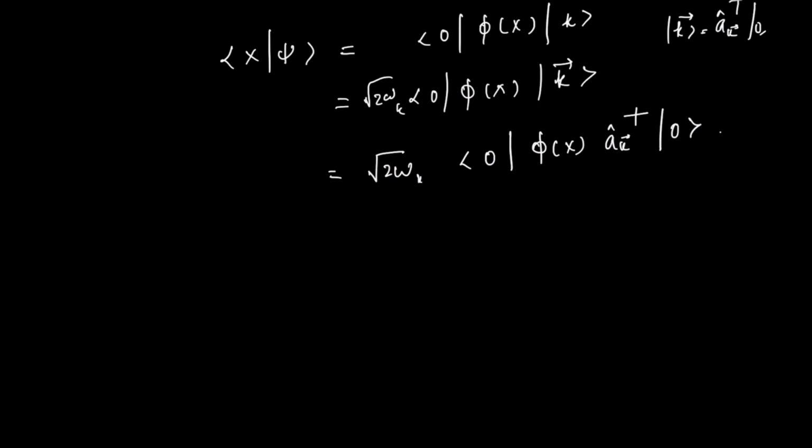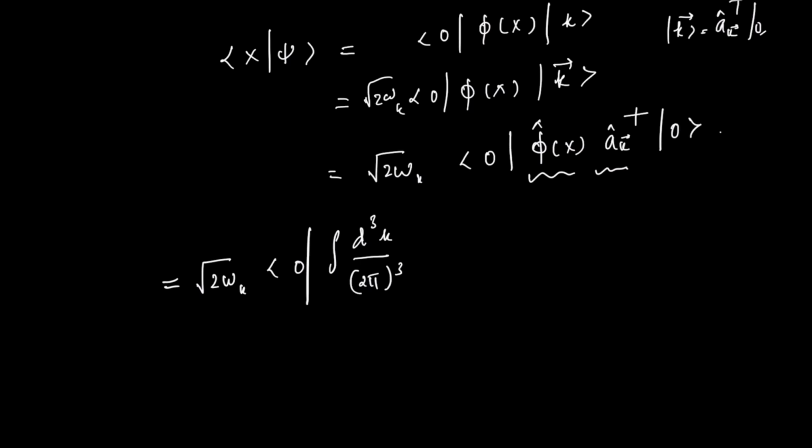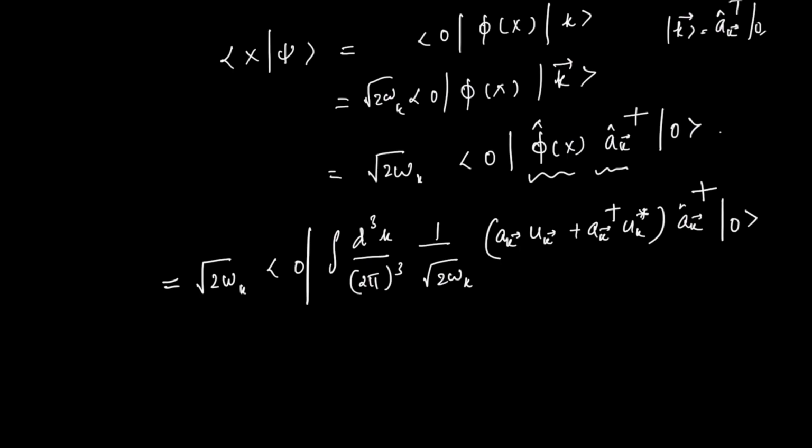Now here I have two operators, operator phi and operator a. So this is equal to root of 2 omega k. What is operator phi? Integral d cube k by 2 pi cube 1 by root of 2 omega k, ak uk plus ak dagger uk star, multiplied by ak dagger acting on the vacuum.